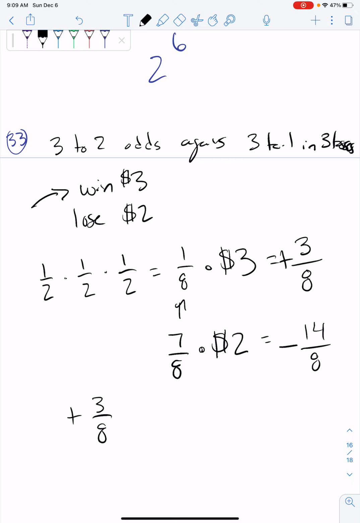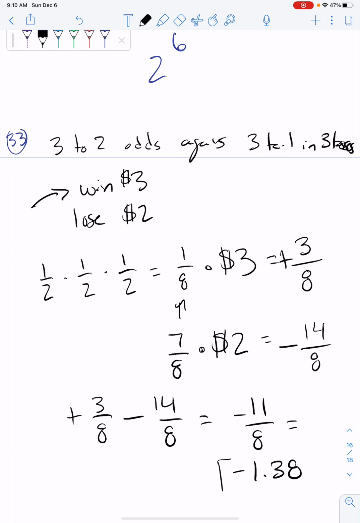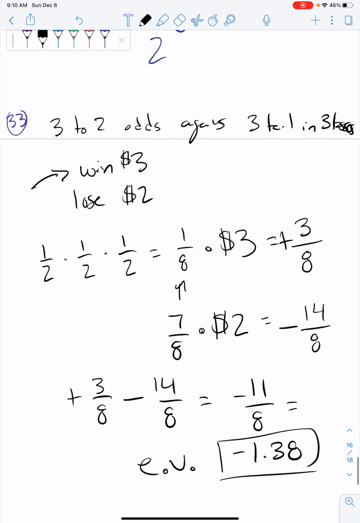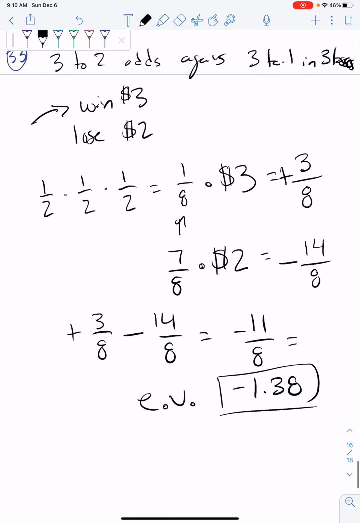When I lose money, I make it a negative 14/8. When I combine these together, I end up with negative 11/8, which is like negative 1.38. So that is my expected value. I expect to lose $1.38.